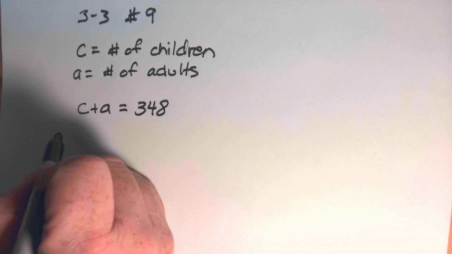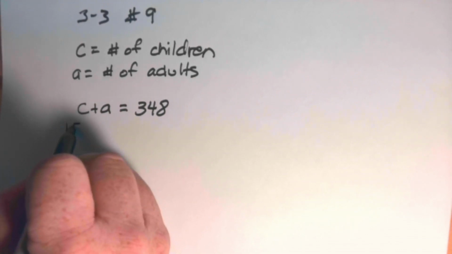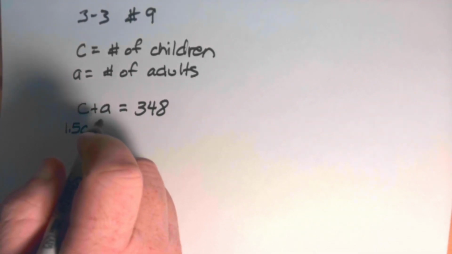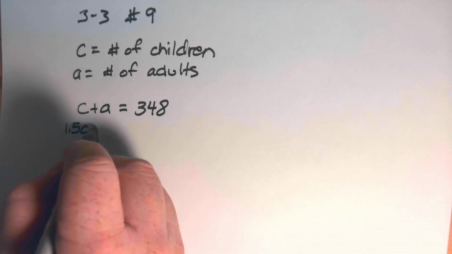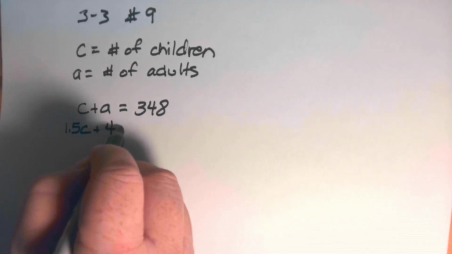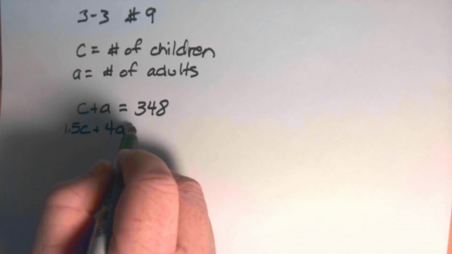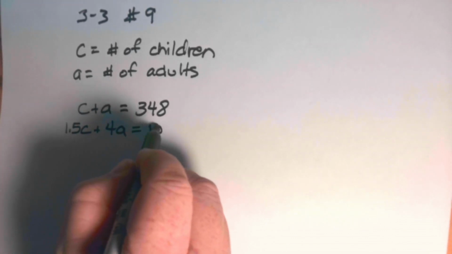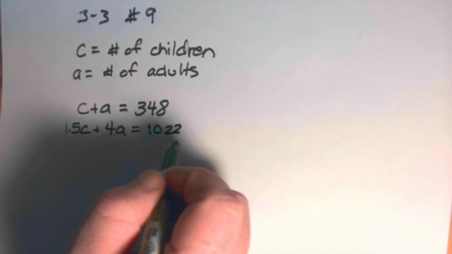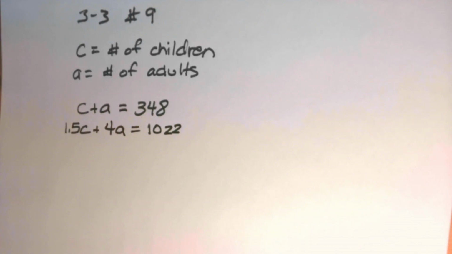So I know that they charge $1.50 for each child, and they charge $4 for each adult, and they brought in a total of $1,022. So there's my system of equations, and they want to solve that using elimination.